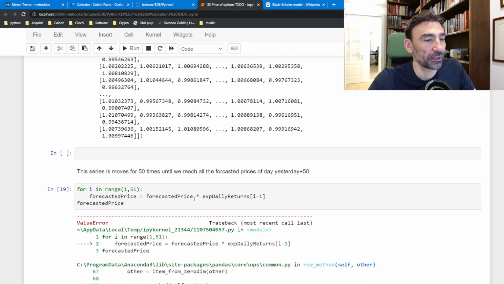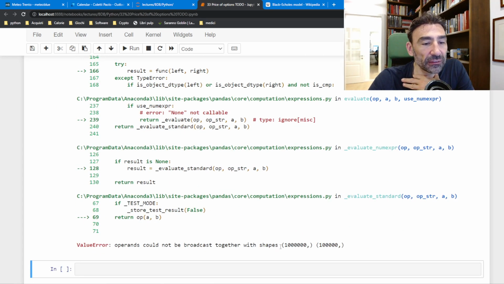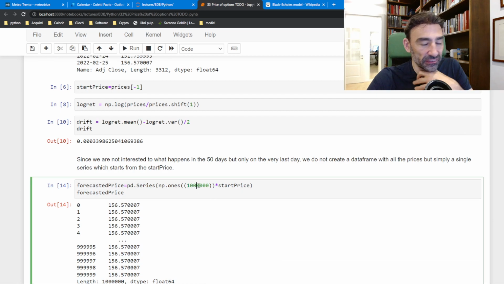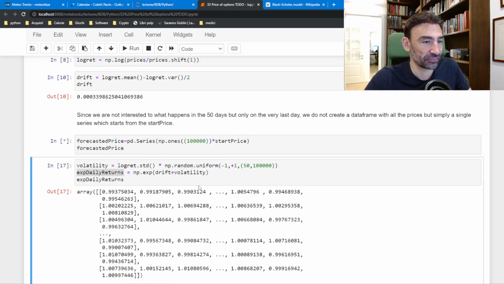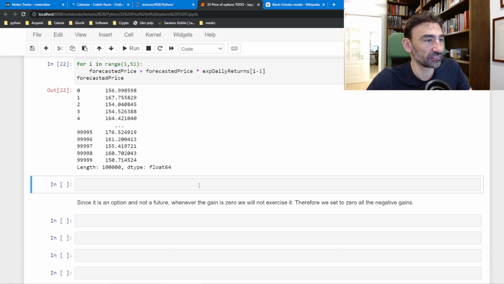Forecasted price has 100,000 times daily returns of i minus 1. It's 1 million. One of them is 1 million. There is a mistake somewhere. Here, it's not 1 million, 100,000 is enough. Okay, so this is our 100,000 estimation of the price.